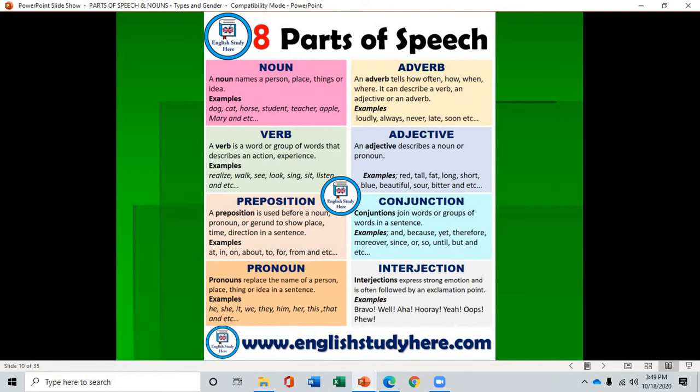Now let's go to verb. A verb is an action word, but it's not only an action word, but it's also a state of being. For example, she is beautiful. He is handsome. So it's not only about walk, jump, dance. We all know that verbs are action words. Ito yung kilos o galaw. But let's take note that verbs are also state of being.